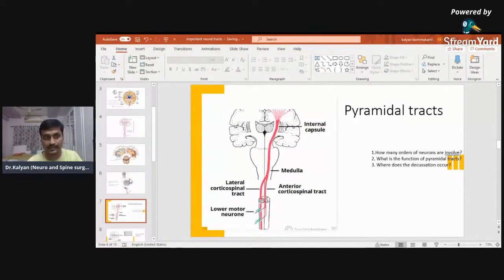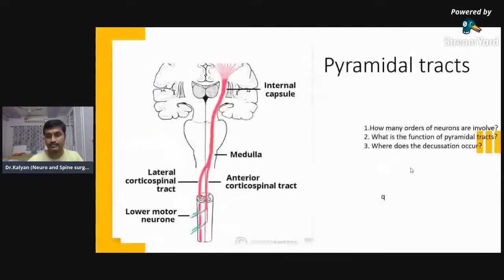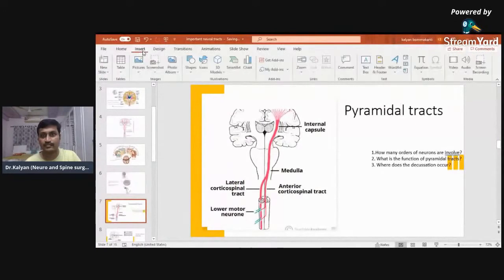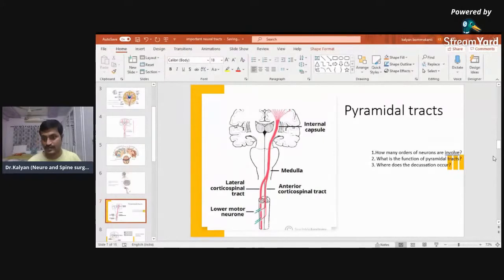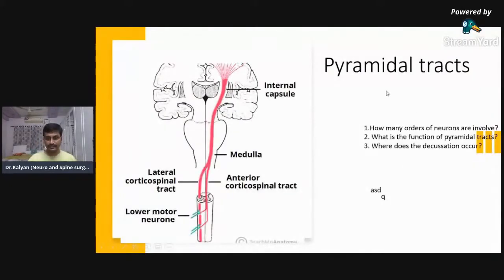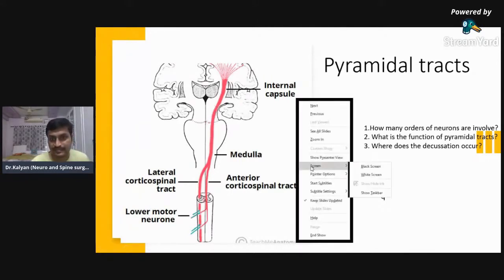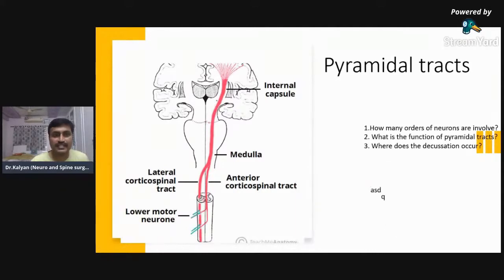It's not working. So suppose there's a lesion here. So the patient will have weakness on what side?